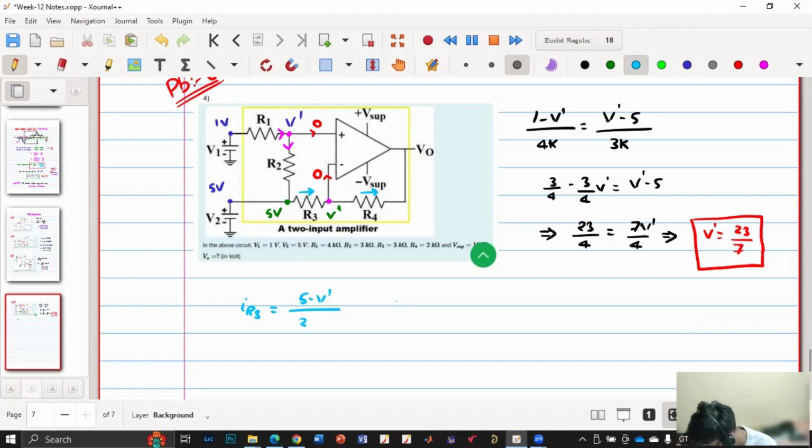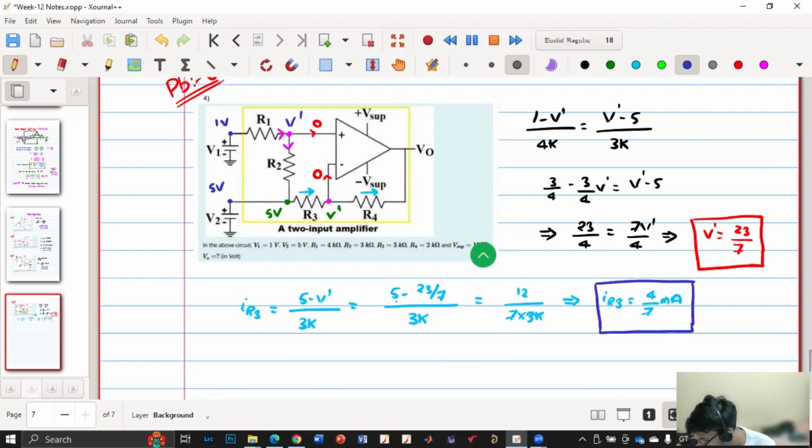R3 is how much? 3K. So it will be 5 minus 23/7 by 3K. So 5 minus 23/7 is how much? 35 minus 23, so 12 by 7 into 3K. So from there I'll get IR3 is equal to 4 by 7 milliamperes. Right? Yes. Now what will be the V naught?